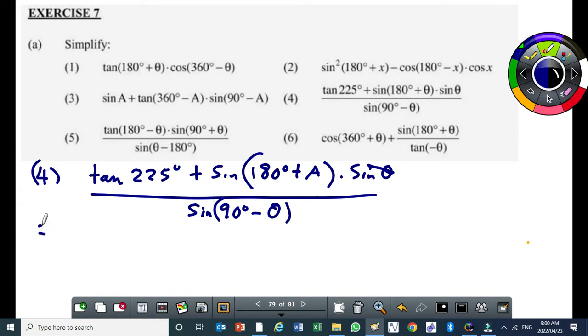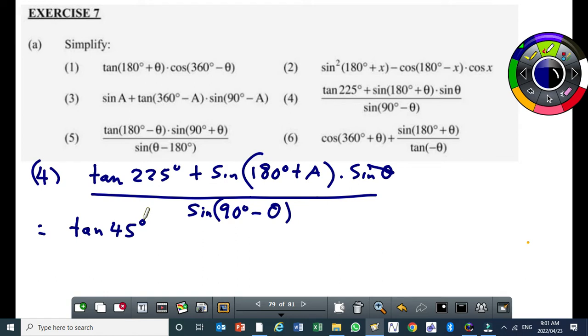Okay? So first, 225 is in the third quadrant. In the third quadrant, tan is positive. So this can be written as 180 plus 45 degrees. So it's going to be equal to tan 45. And remember, 45 degrees is a special angle.